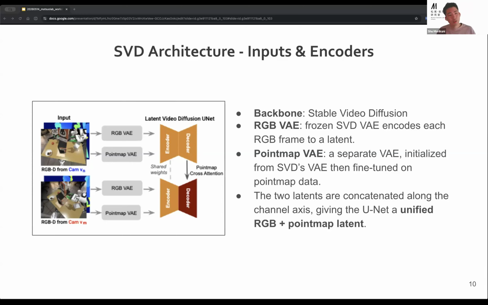The two latents are concatenated along the channel axis, giving the UNet a unified RGB plus point map latent. They reuse SVD's pre-trained weights, so the model inherits the motion prior without training from scratch.